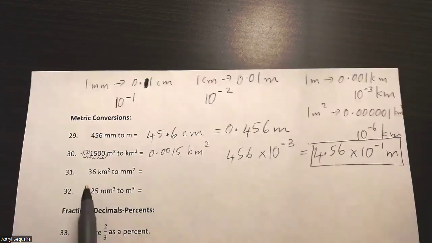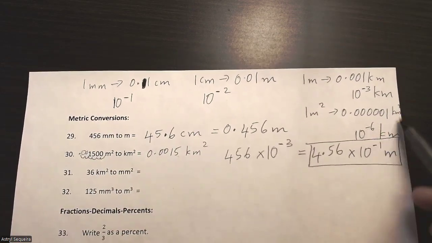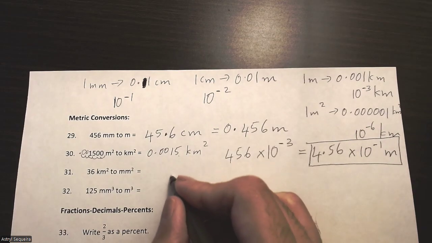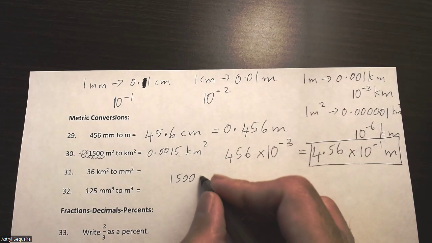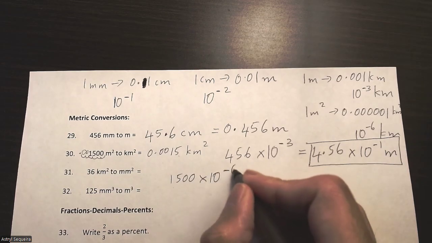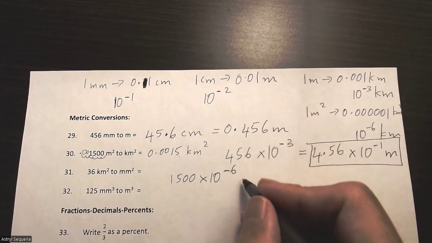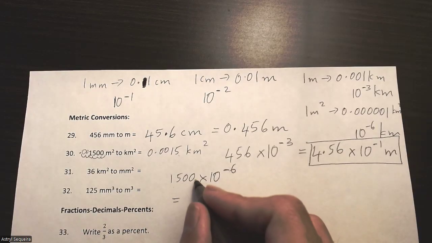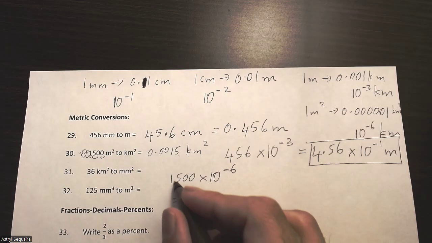The second one, I showed the explanation over here. We're just multiplying by 10 to the negative 6. So I have 1,500 times 10 to the negative 6. I just have to simplify this now. Move the decimal place 1, 2, 3 times.